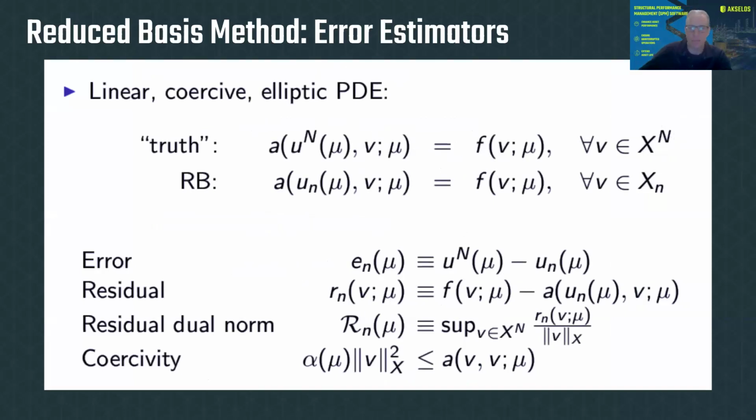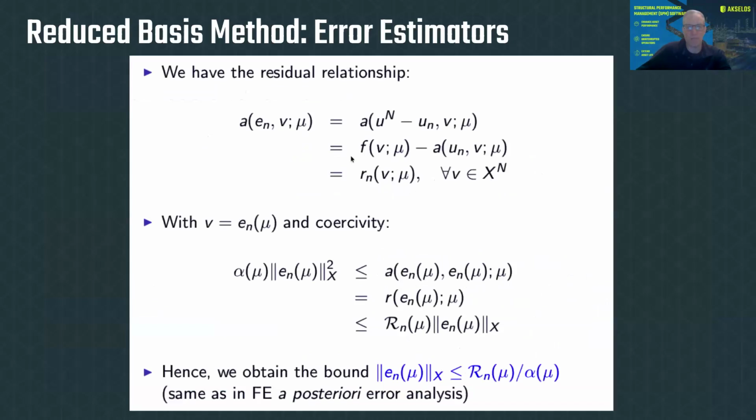The PDE itself is infinite dimensional, and that makes things more tricky. A lot of things are not fully computable. But in the RB world, because the truth solution you're comparing to is finite dimensional, that makes everything explicitly computable. For example, you can compute a Riesz representation of this residual, and that's fully computable, and you can have an explicit error indicator based on that.